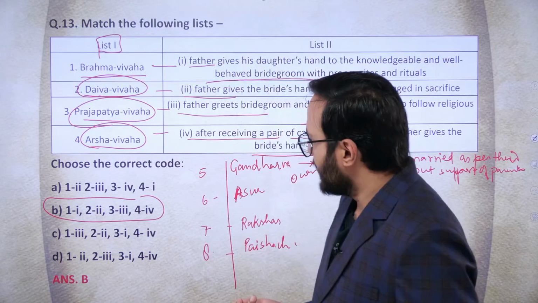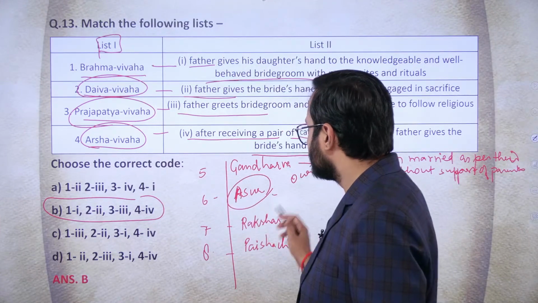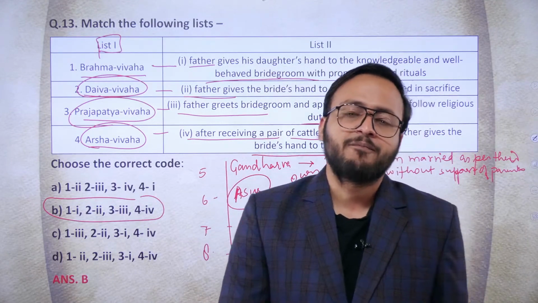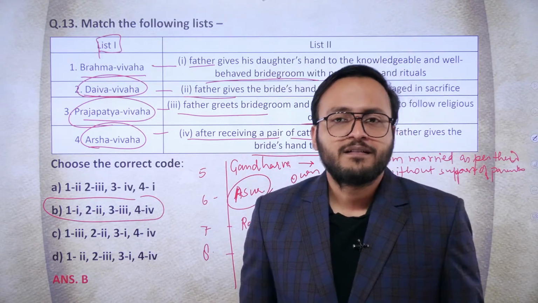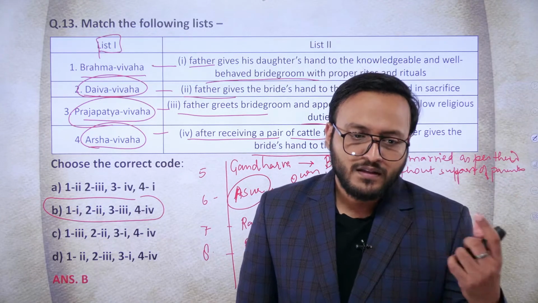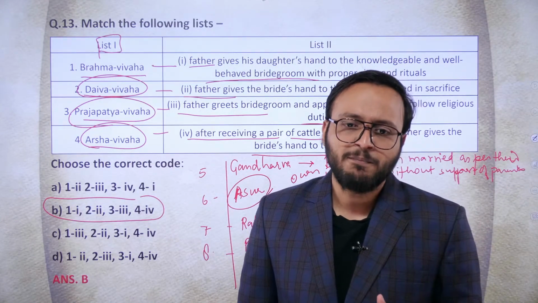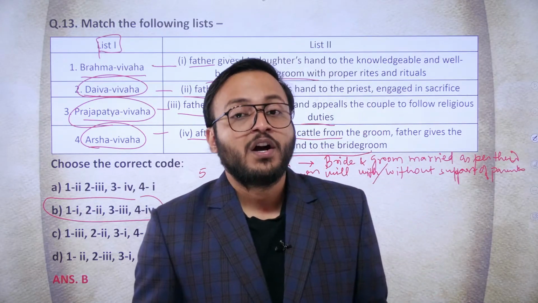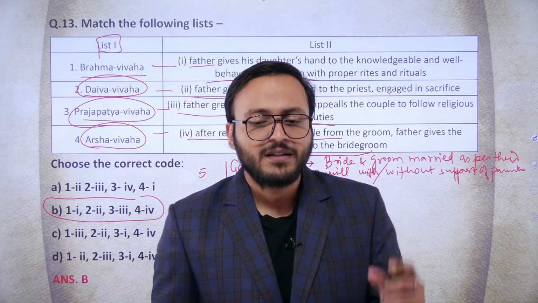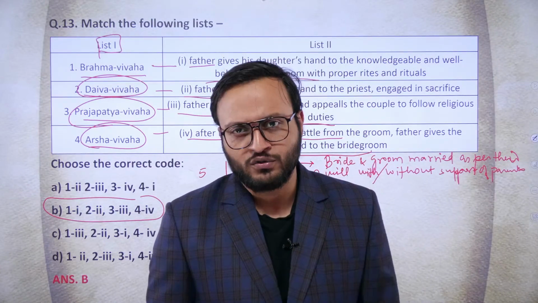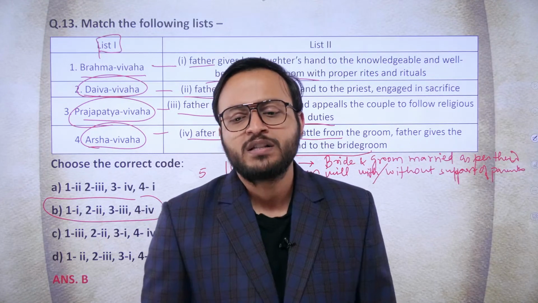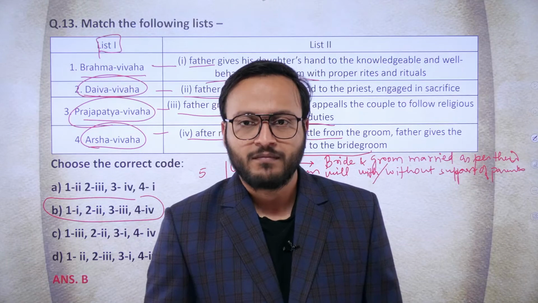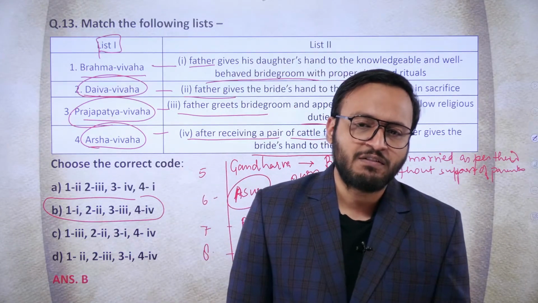Okay. Then comes the Asura Vivah. What is the Asura Vivah? In this type of marriage, usually there was a price paid by the groom to the bride, or sometimes there was abduction also. That was the Asura Vivah. Okay. Then comes the Rakshas Vivah.